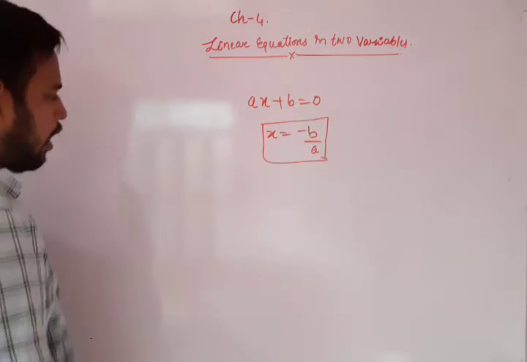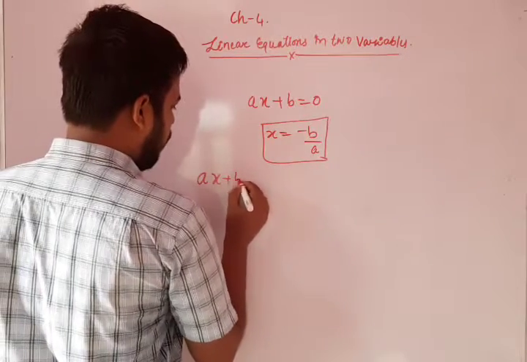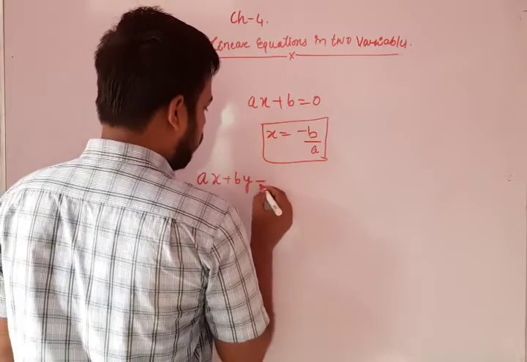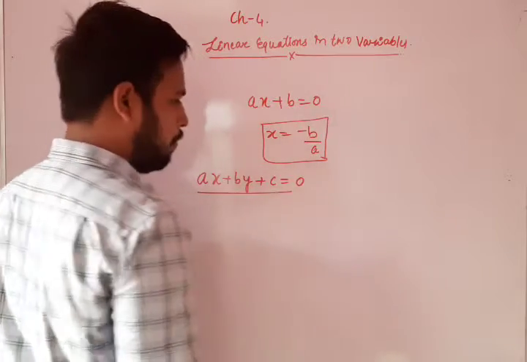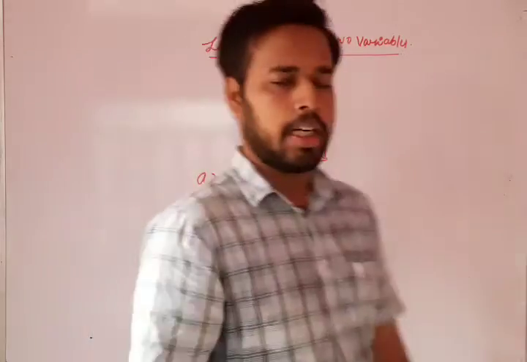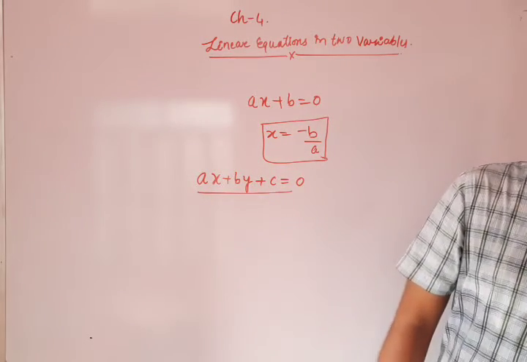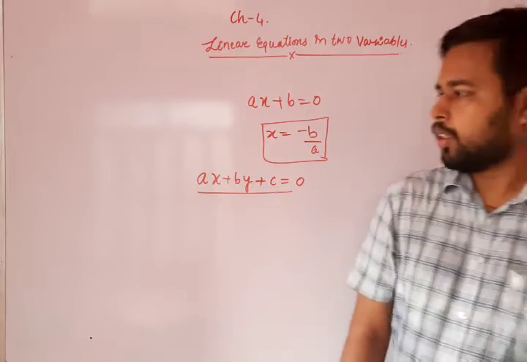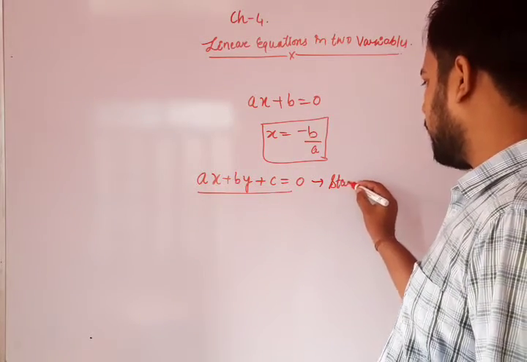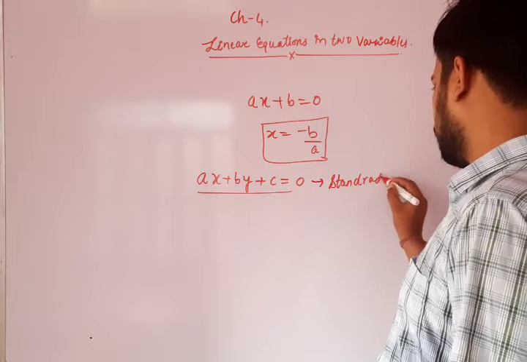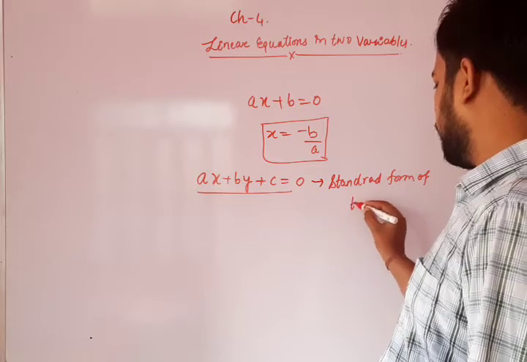So here ax plus by plus c equals 0. This is the standard form of a linear equation in two variables.